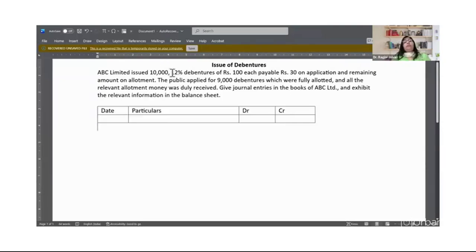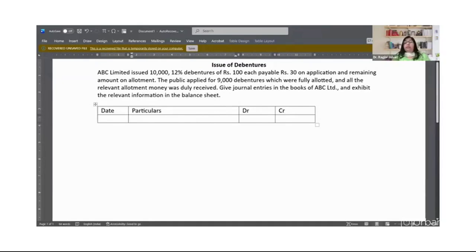This 12%, or whatever percentage is mentioned here, is the interest rate. And therefore, when you are doing the question, you have to write this prefix along with debenture capital, debenture application account or debenture allotment account, necessarily.